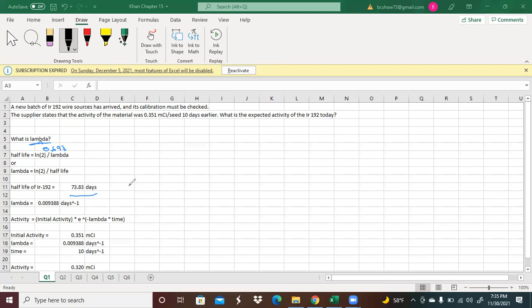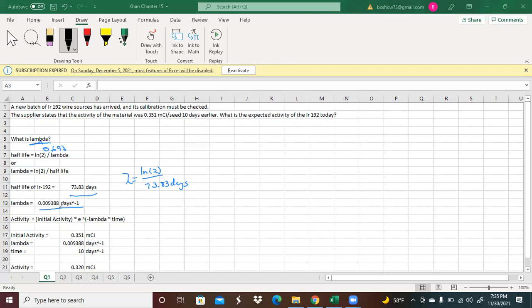Now, as it turns out, lambda is going to end up being the natural log of 2 divided by the half-life, which is 73.83 days. And so if you do the math on that, this is what it turns out to be.